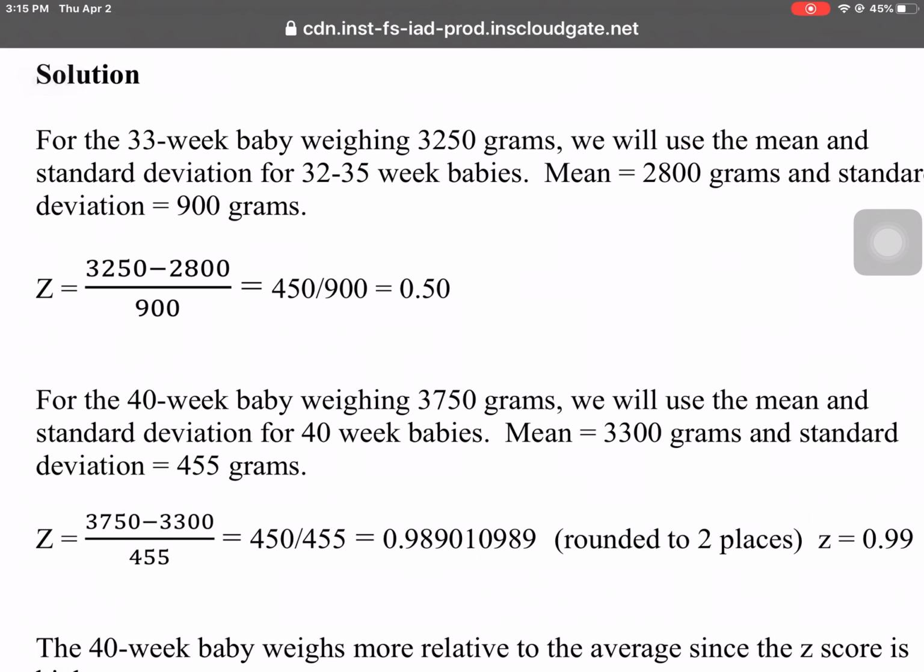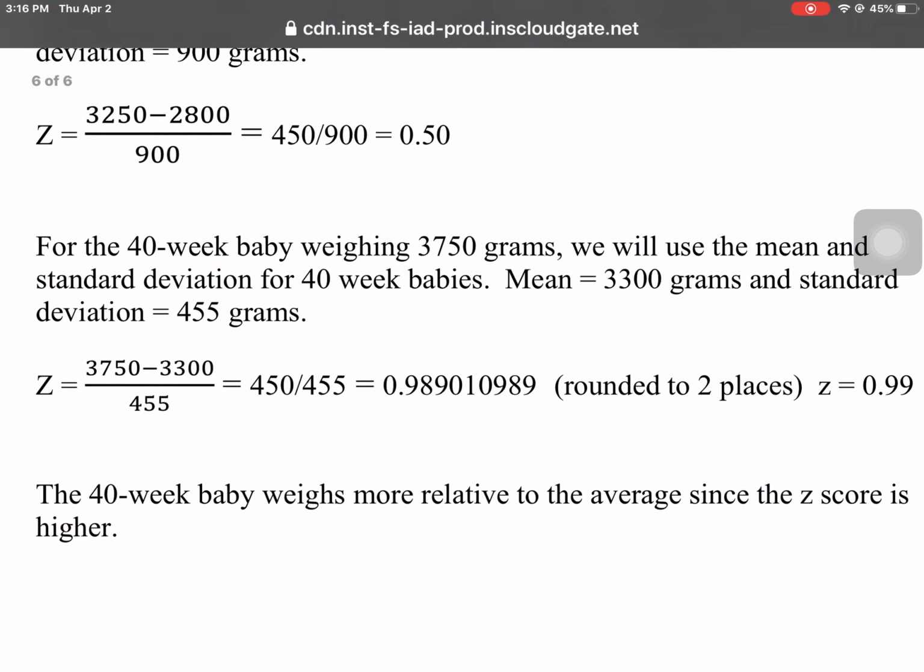So take 3,250 minus the mean for this group, 2,800, and the standard deviation for this group is 900. Okay, it wouldn't be fair to compare a baby that was 33 weeks to one that was 40 weeks, comparing it to the average for that group. Okay, subtract and divide, and you get 0.50.